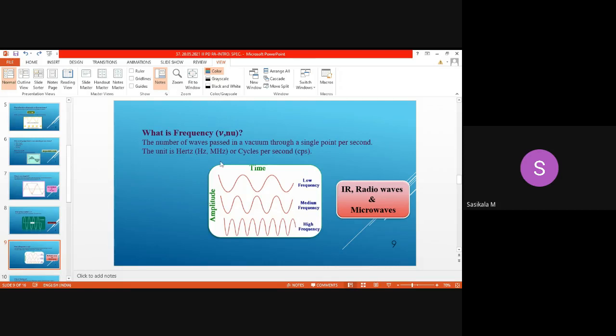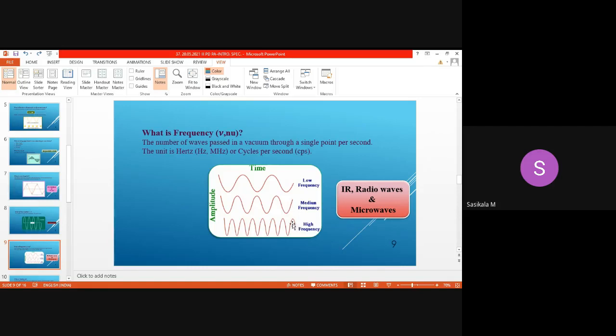See here, 3 types of signals are shown. One is low frequency, since only 2 waves are passed at a given point in 1 second. This has medium frequency, since nearly 3 complete waves are passed. The high frequency one has nearly 6 complete waves passed at a given point.